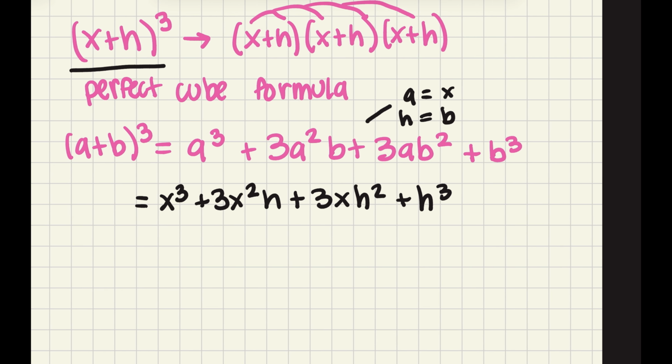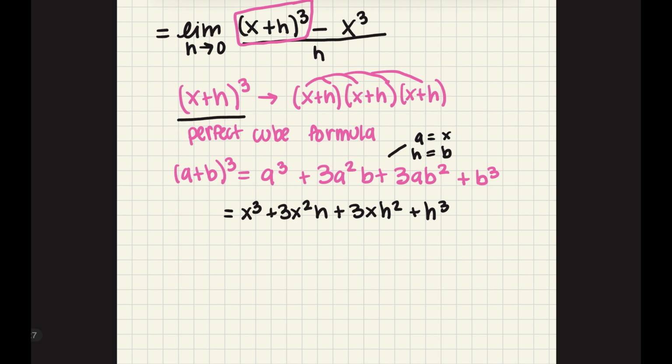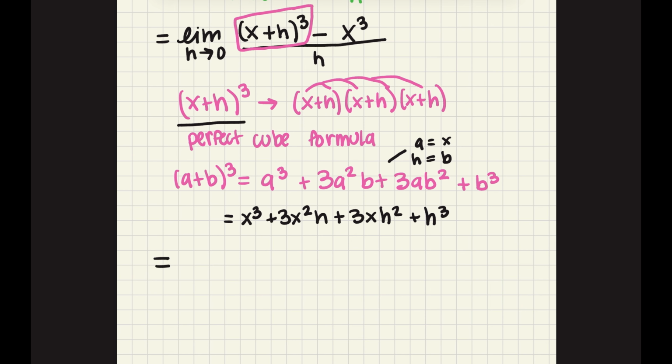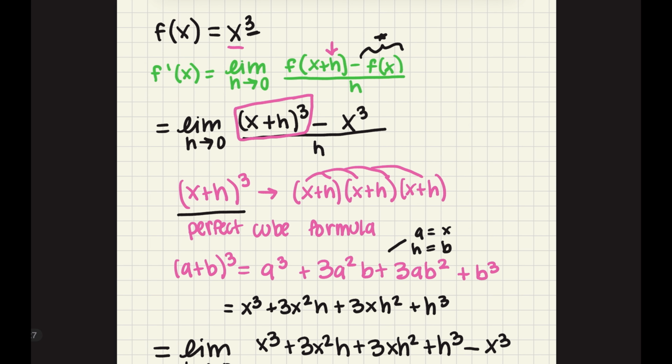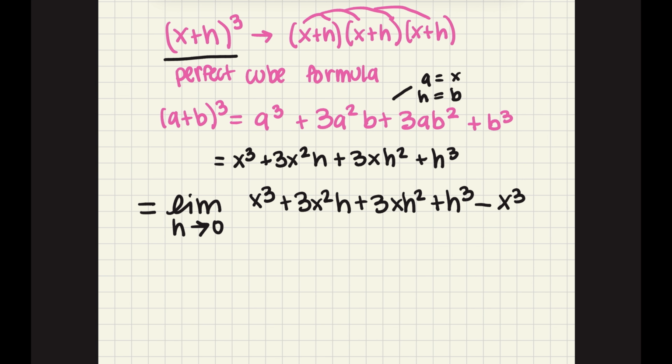Okay, so let's return to our original equation here. So this will equal the limit as h approaches 0, x cubed plus 3x squared h plus 3xh squared plus h cubed minus x cubed. Don't forget to add this x cubed right here, okay? And all of this will go over h.